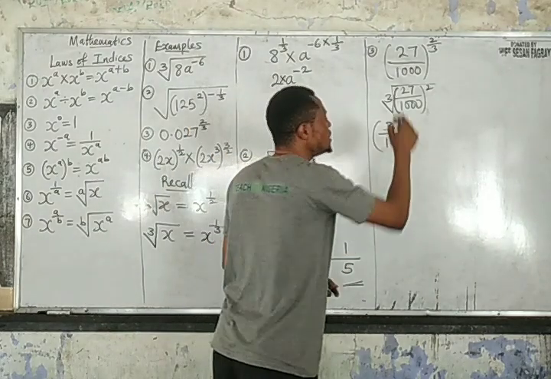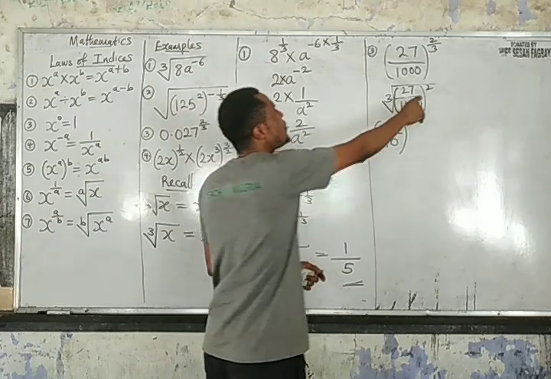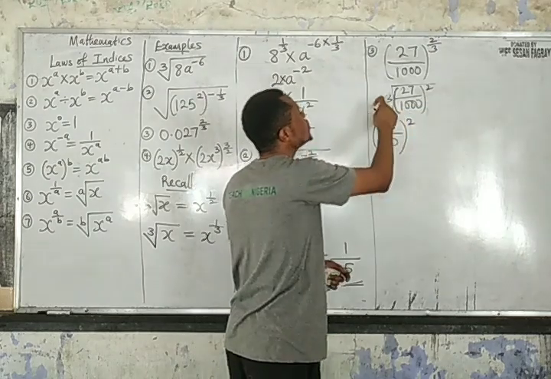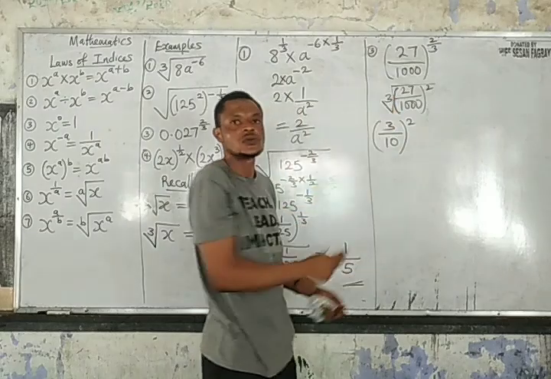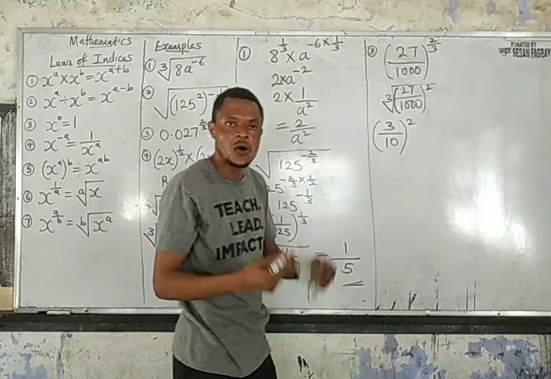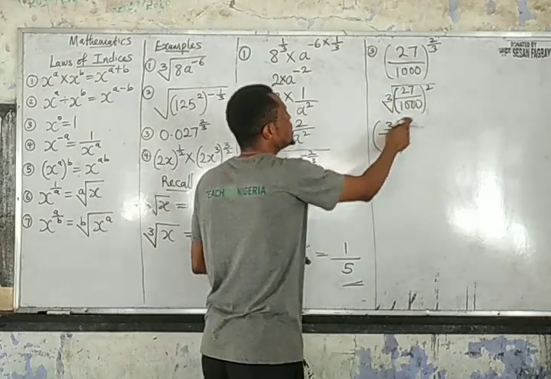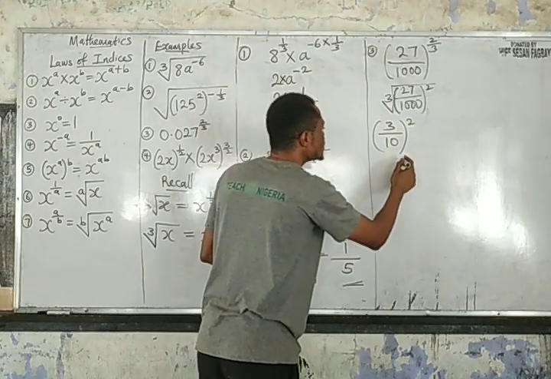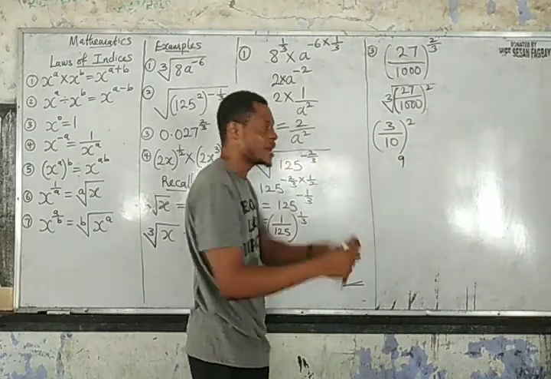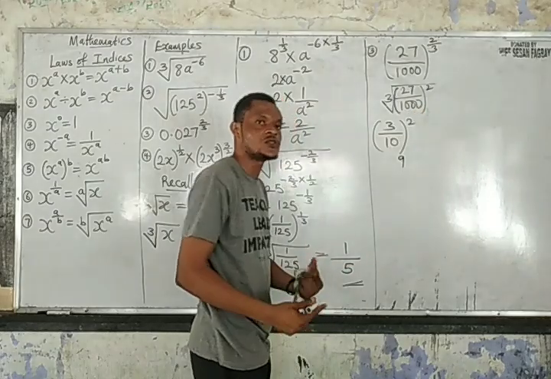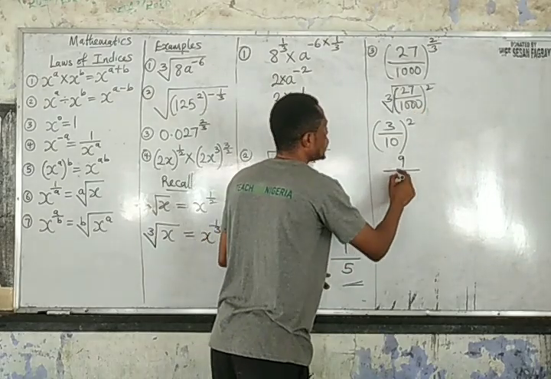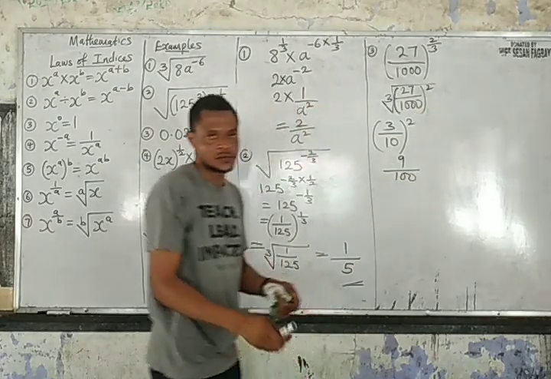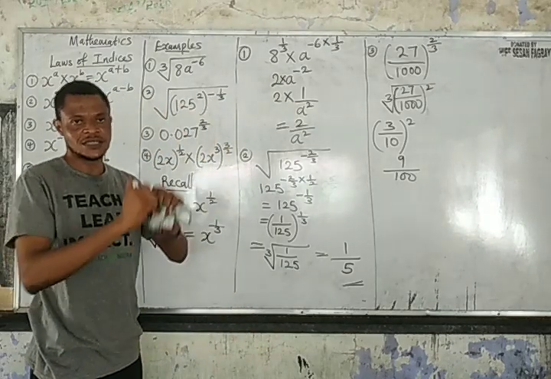Everything is raised to the power of 2 because we've only done the cube root. Now 3 raised to the power of 2 will give us 9, 3 times 3, and 10 raised to the power of 2 will give us 100. Easy.